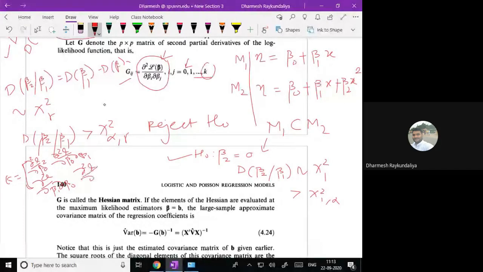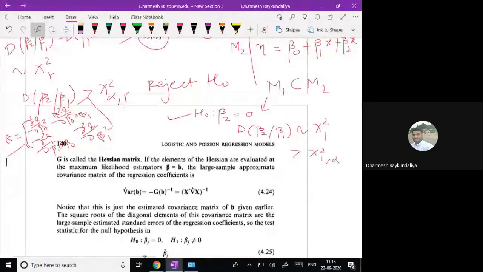We already calculated this when we discussed the iteratively weighted least squares method. In a similar way, you find the Hessian matrix, evaluated at the maximum likelihood estimator of beta. We call it b.